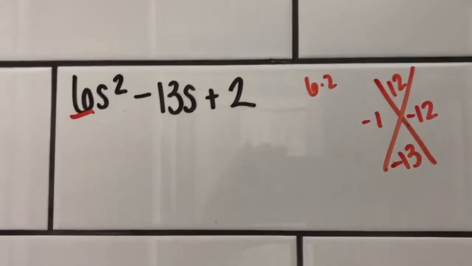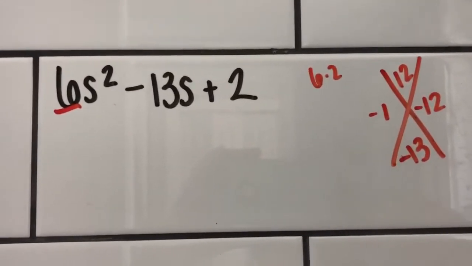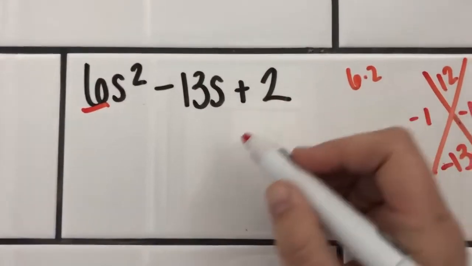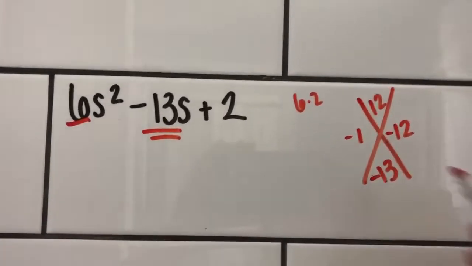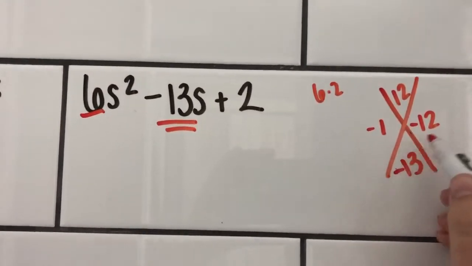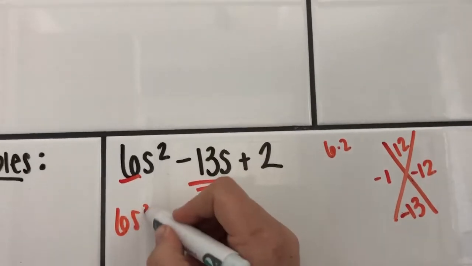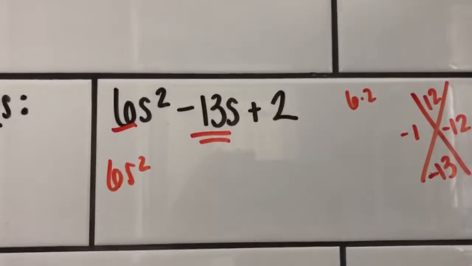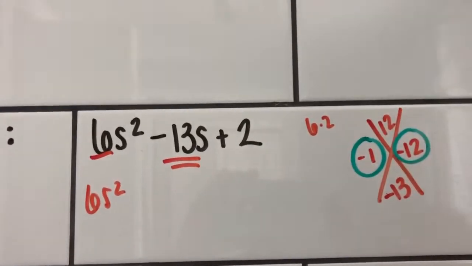So this next step is why this is called the split method. I'm going to rewrite this trinomial, and instead of writing negative 13s, I'm going to use the factors that I chose that work for this problem. So watch here, I'm going to do 6s squared. That's just normal. I am not writing negative 13s. I'm going to replace that with these two factors.